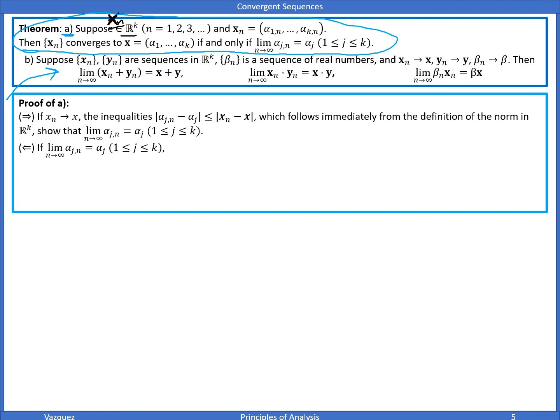If the limit as n goes to infinity of alpha sub j sub n is equal to alpha sub j, well then for each epsilon greater than 0, there corresponds an integer big N such that little n greater than or equal to big N implies that that difference is less than epsilon over the square root of k.